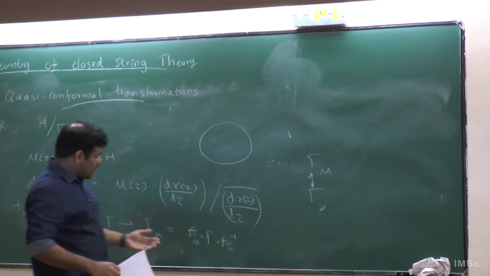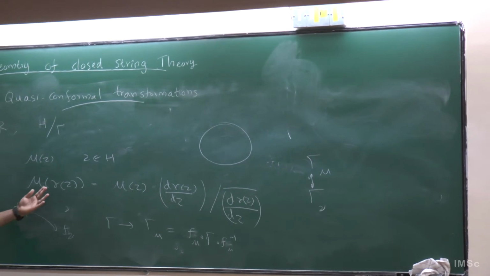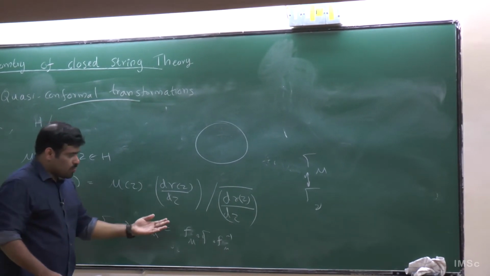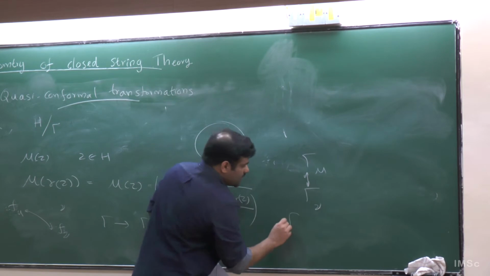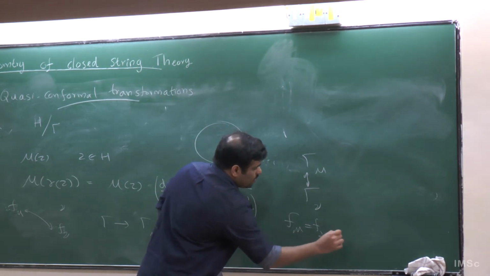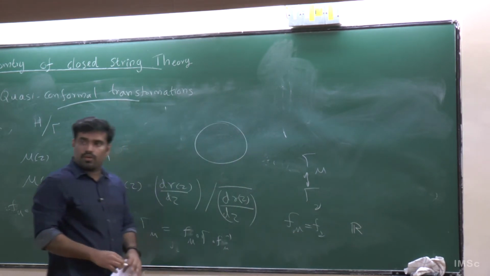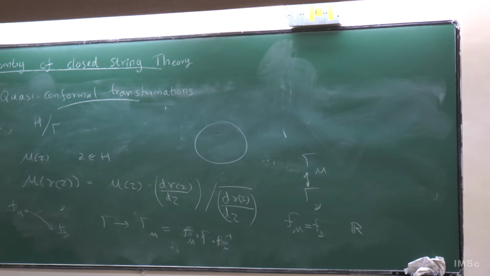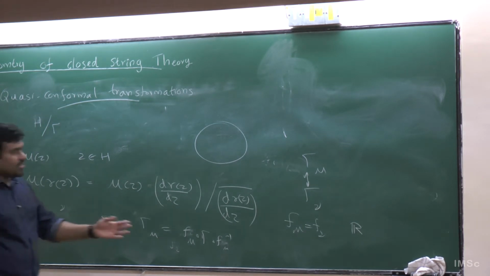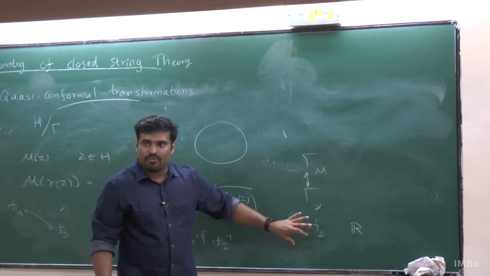My statement is the following: they are equal whenever the associated transformations f mu and f nu are exactly equal on the real line. Not just equal in some sense. That's why it's an extremely beautiful criterion.